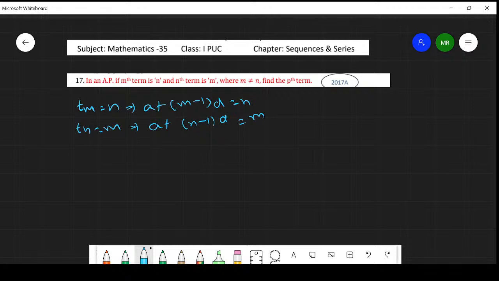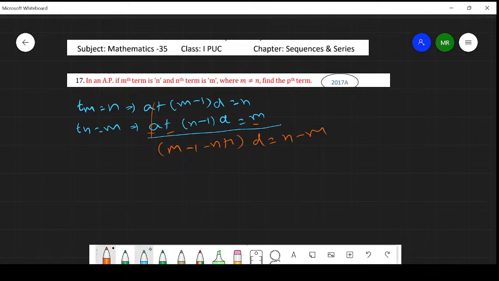If I subtract these two equations, a gets cancelled, and we get (m minus 1 minus n plus 1) into d is equal to n minus m.